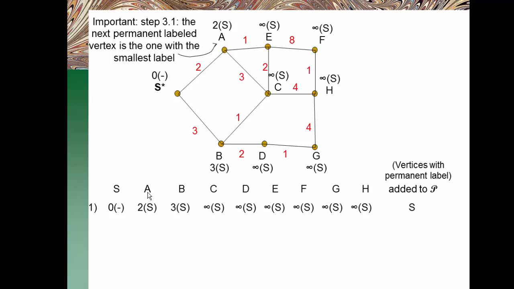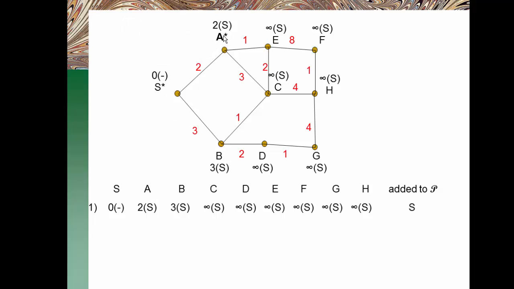For example, if A had a label 2 and C had a label 2, then we would pick A. So A now is marked with a star, meaning that A now has a permanent label. That label cannot change. After that sub-step, then we look at all the adjacent vertices to that current permanent labeled vertex. We see E and we see vertex C. We can choose either one of these vertices, but let's choose alphabetically. So we continue the algorithm with vertex C.